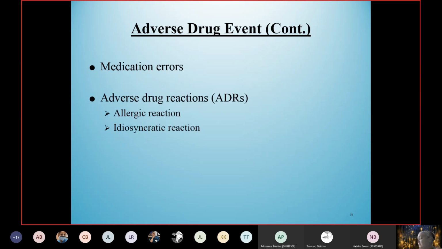An adverse drug event is a very general term. It covers all types of problems related to medication, so it can be a medication error or a bad drug reaction. There are two types of adverse drug reactions: an allergic reaction, which can be predictable if you know you have an allergy, and an idiosyncratic reaction, which is completely unpredictable.